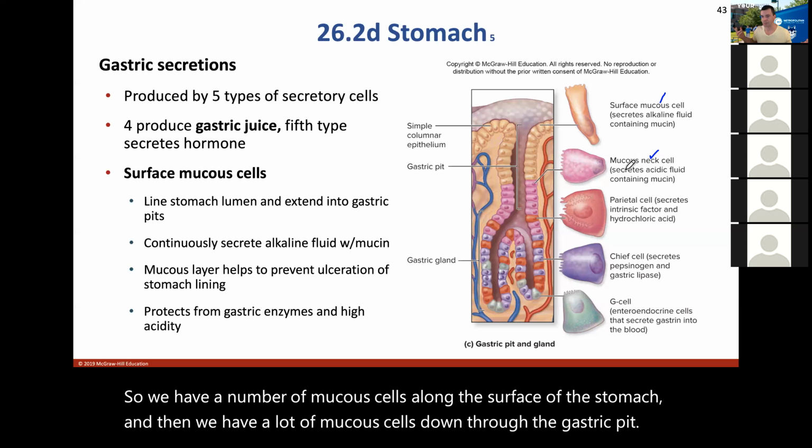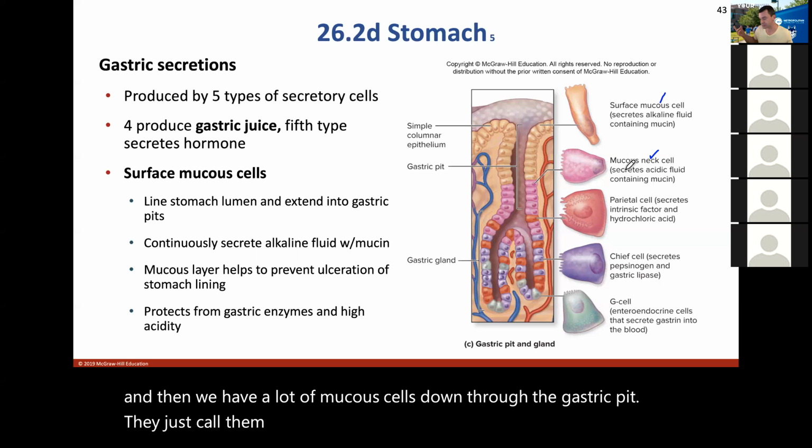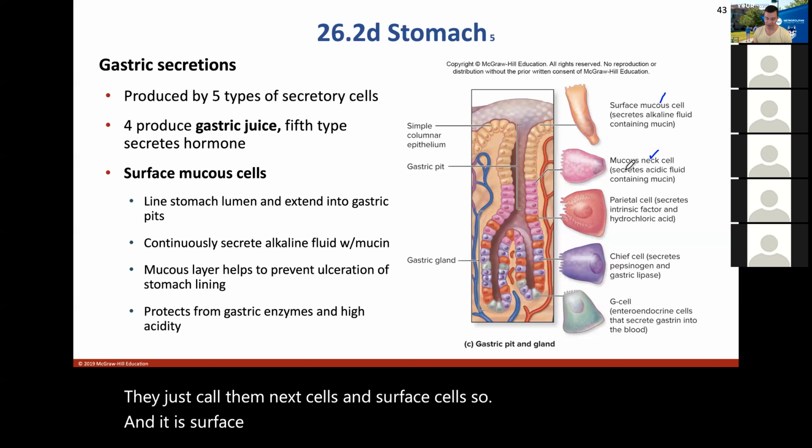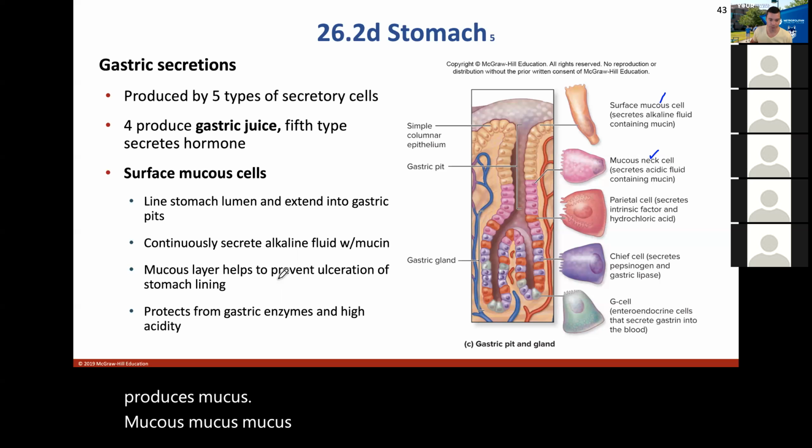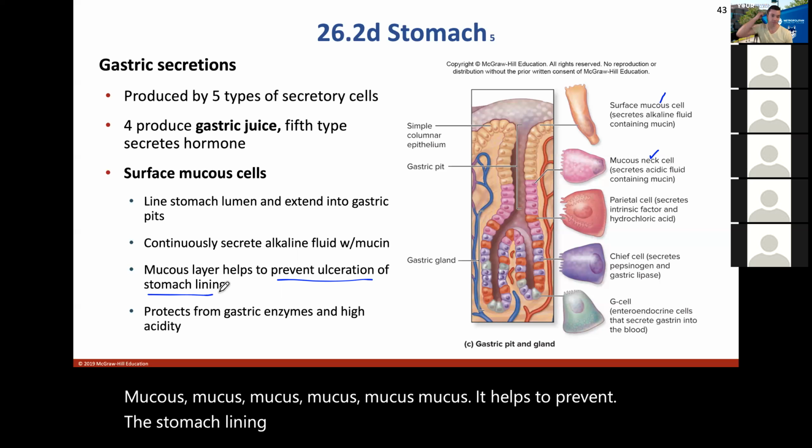They just call them neck cells and surface cells. So surface mucus cell or mucus neck cell, doesn't matter, always produces mucus. It helps to prevent the stomach lining being eaten away by the high acidic content.